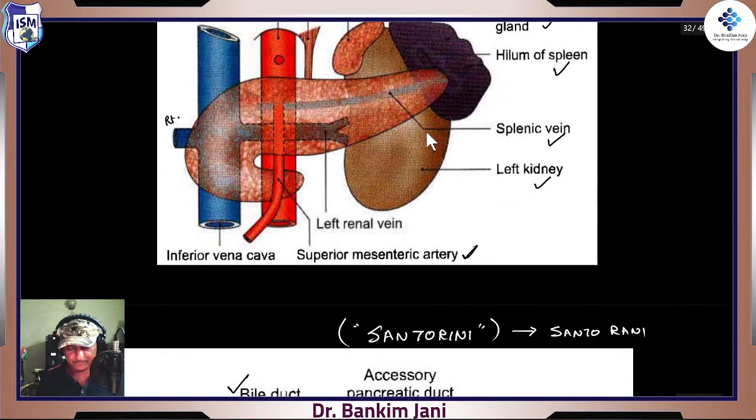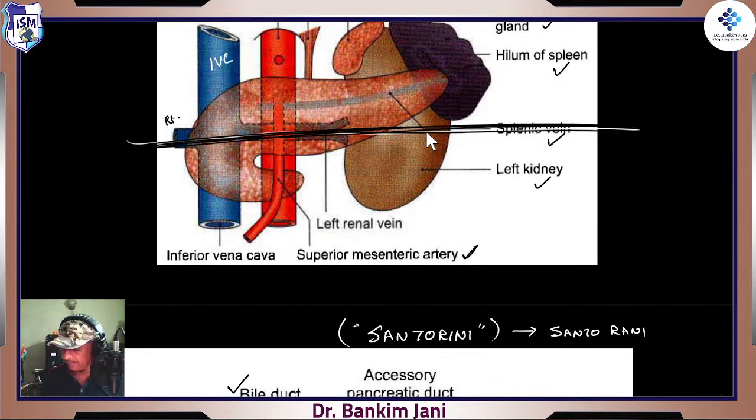See, no confusion. This is the IVC, and the section was at this level. Whenever there is any confusion, think of it like this: the left renal vein has to travel a longer distance because the IVC is situated on the right side.